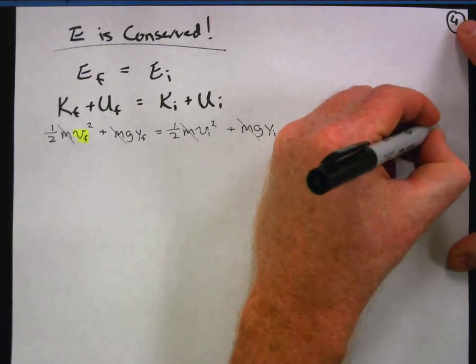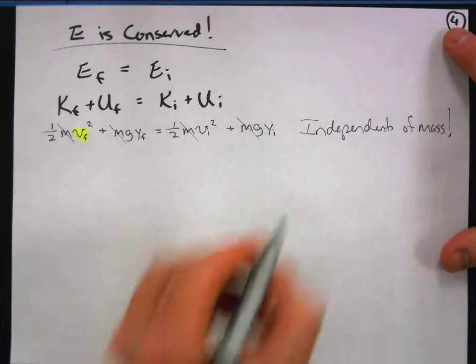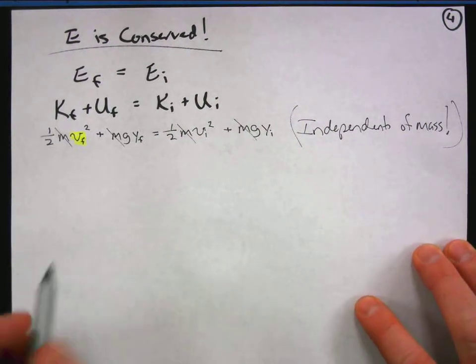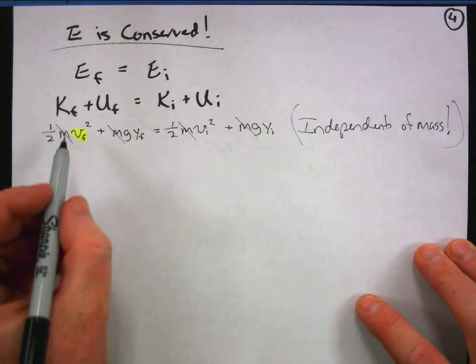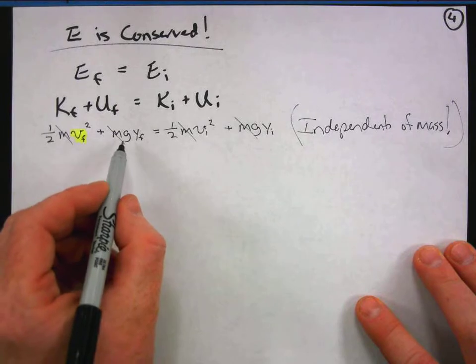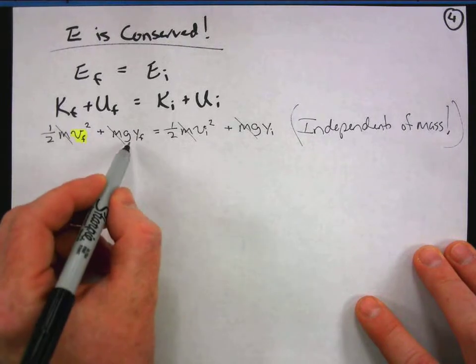What's happening here is going to be independent of mass. Hey, that's pretty cool. All right. Now, I know that essentially I'm going to have to subtract this business from both sides and start to isolate v final.